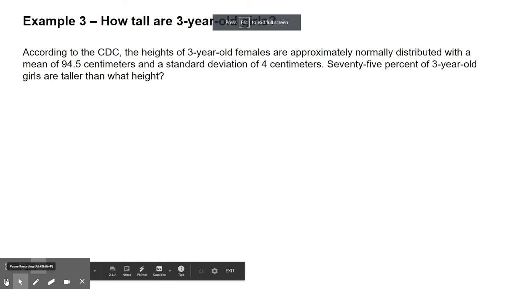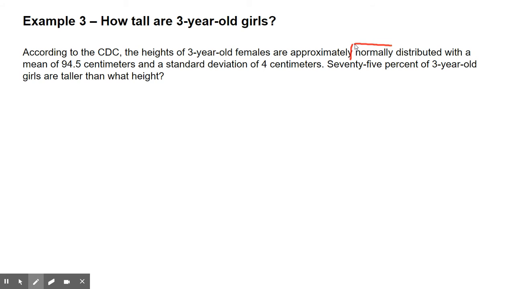Okay, so in this problem, we are told that it is normally distributed, so that's important. That means we can do what we've been doing. We were given our mean of 94.5 and our standard deviation of 4. And we want to find the height that 75% of our girls are taller than.